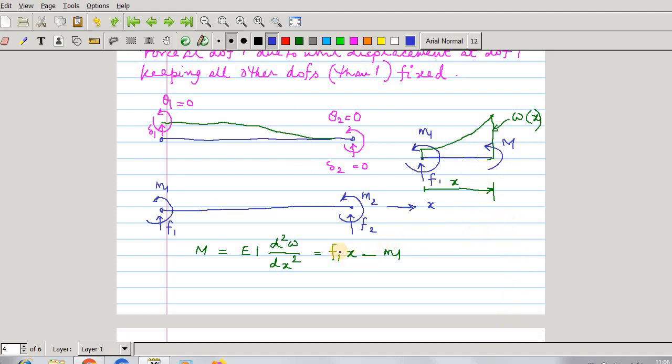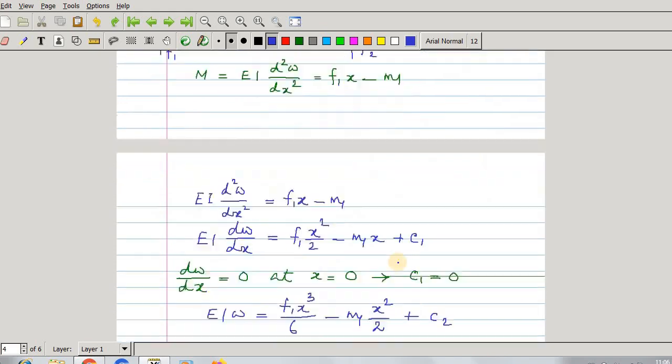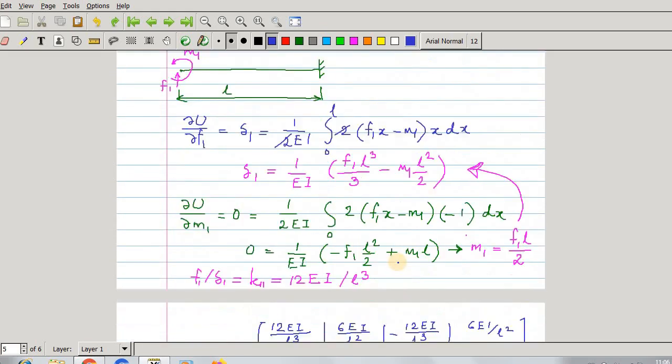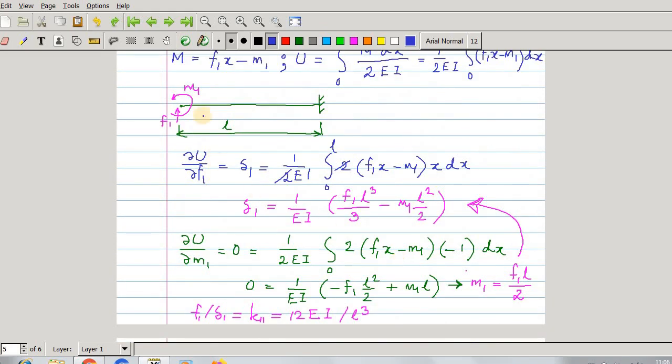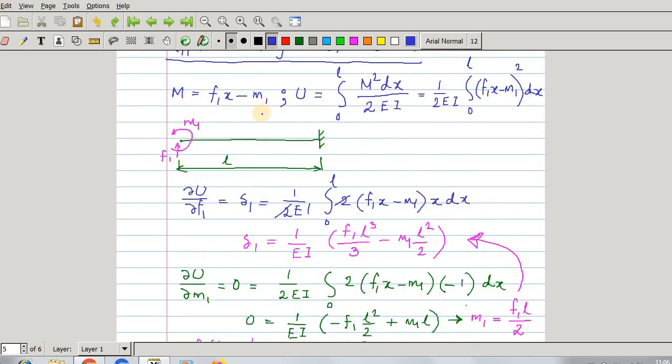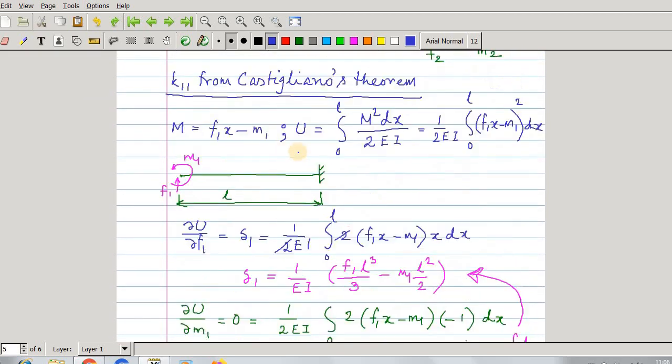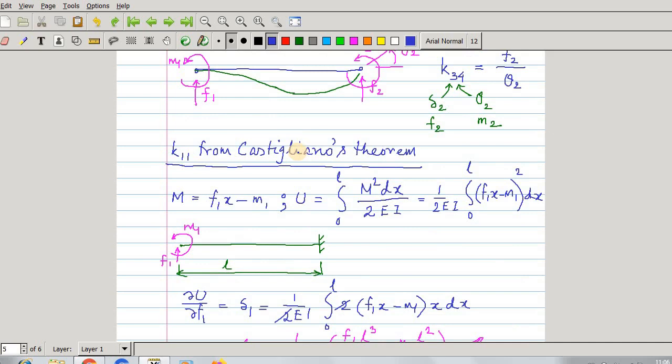What is the principle of Castigliano's theorem? You remove the supports here and show the support reactions, but at the same time you have to keep it statically determinate. So at the right end the full support is kept, and at the left end the supports are removed and the corresponding reactions are shown.